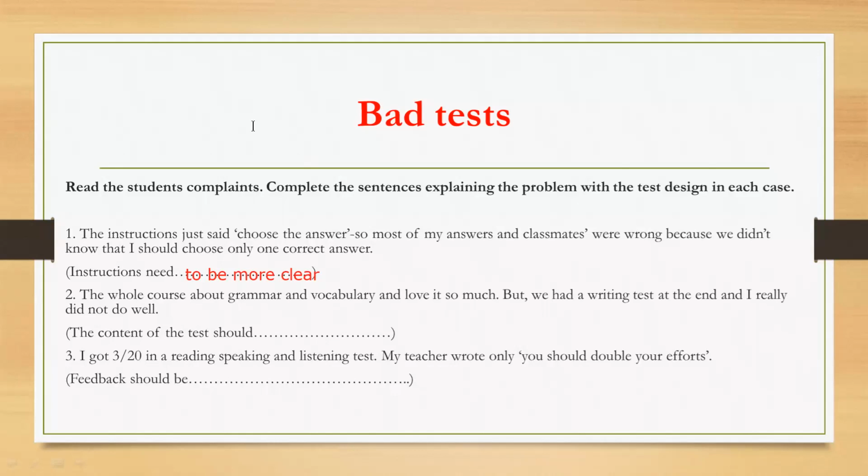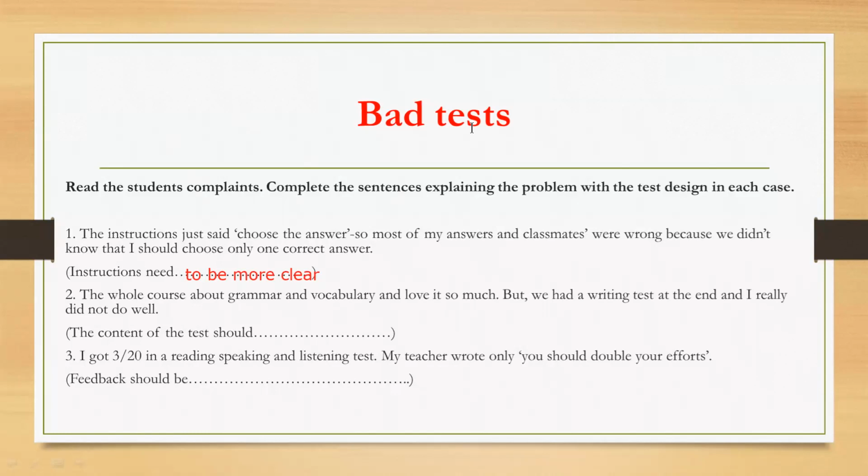The whole course was about grammar and vocab, and I loved it so much. But we had a written test at the end, and I really did not do well. So maybe the content of the test should be just about grammar and vocab, not writing. Good.